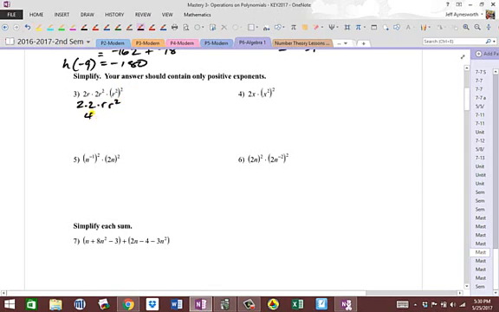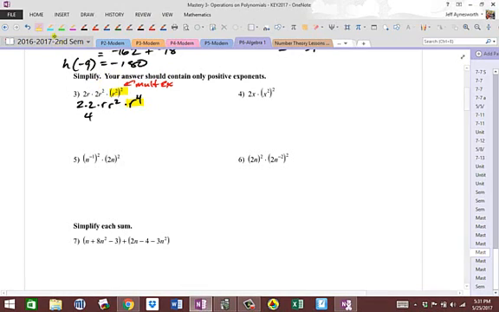And then times this right here: power to power, you multiply the exponents. Because r squared squared means r squared times r squared, which is r to the fourth. So you get times r to the fourth.